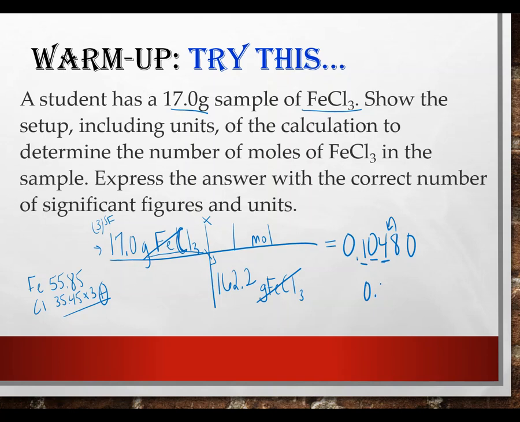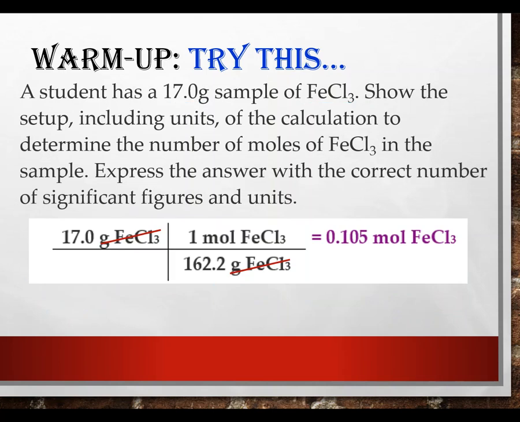So then the answer is 0.105 moles FeCl3. So don't forget your unit and your substance in your answer there, okay? And that would be correct if we're looking here at our T-chart set up here. 0.105 moles FeCl3. That's the basic. This is a one-stepper. Anything to moles is going to take 1 step.